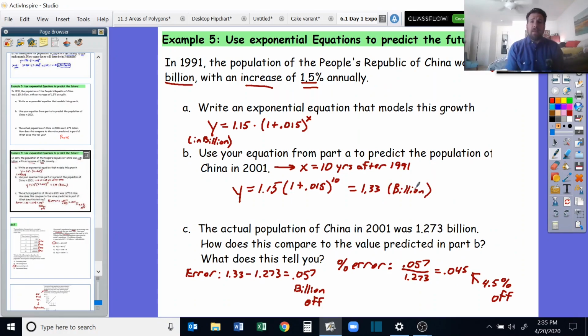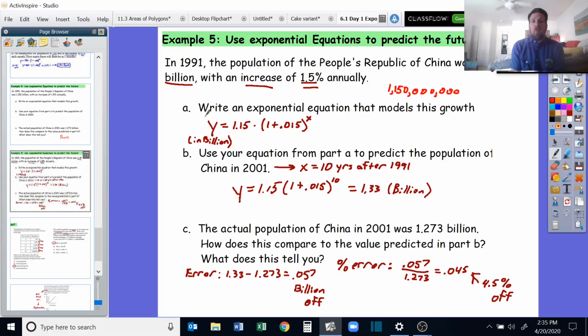Okay, here's my answer. Again, my starting point in 1991 was 1.15 billion. I'm going to write my equation in billions. I don't really want to write out 1 billion 150 million, and there's the thousands, and I don't want to write that big, huge number out.